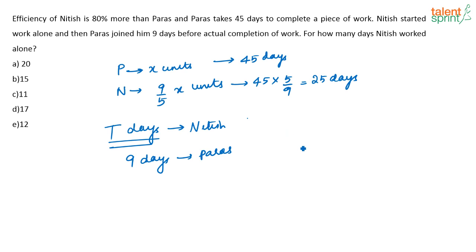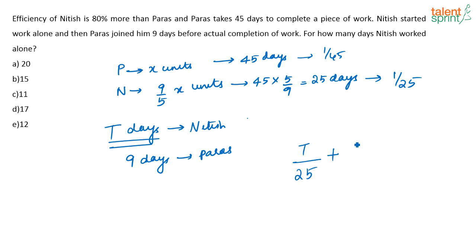At this point you can either choose to use the unitary method or the efficiency method, whichever method you are using. I know Paras can finish the work in 45 days, so in one day he will do 1 by 45th of the work. Nitish in one day will do 1 by 25th of the work. Nitish is working for T days, so in T days he will do T by 25th of the work.